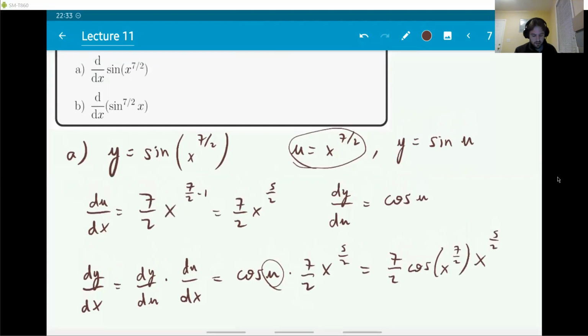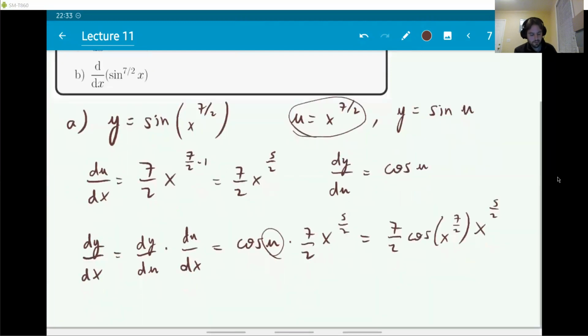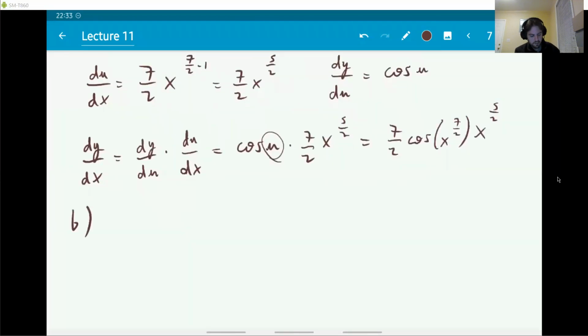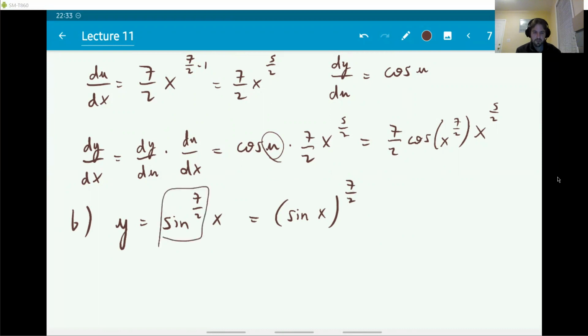Now in item B, we have some work to do here. In item B, the function was written in this format, sine to the 7/2 of x. What this actually means, when you raise a trig function, the whole function, to a power, is that you can write that power on top of the name of the function like this.